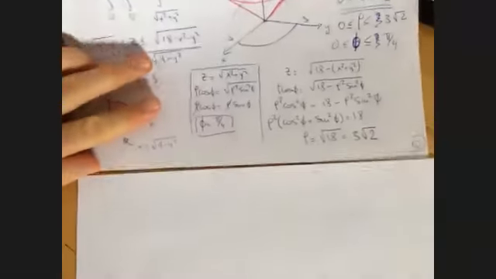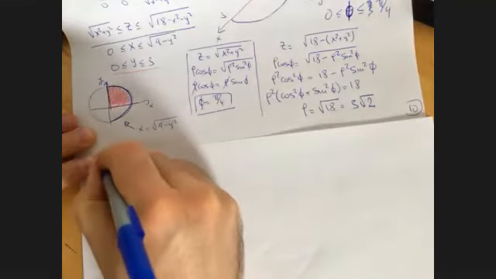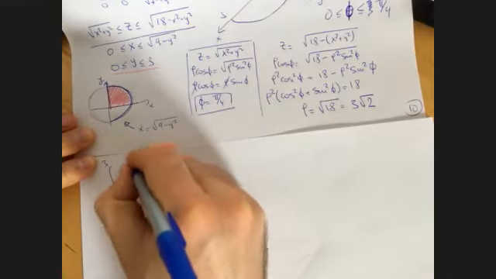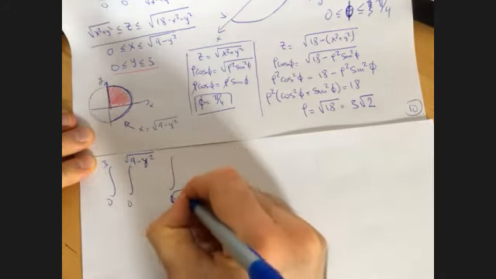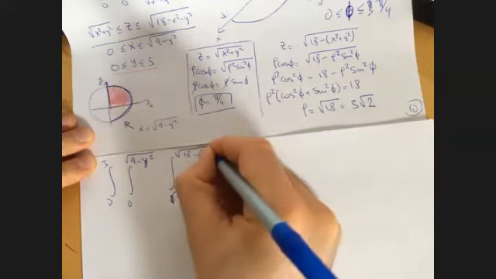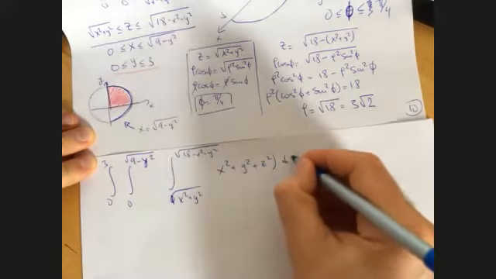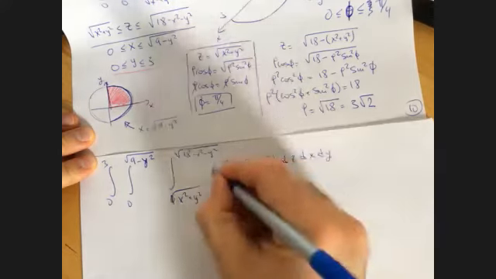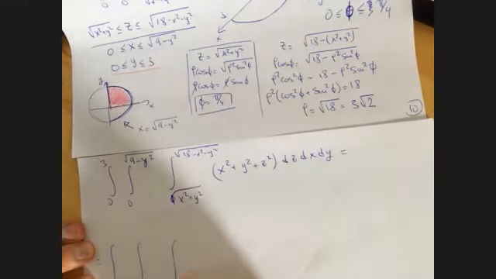And then this integral is just this integral right here. I'm just going to write it down because it's very messy here. So the integral from 0 to 3, from 0 to square root of 9 minus y squared, from square root of x squared plus y squared to square root of 18 minus x squared minus y squared, of x squared plus y squared plus z squared, dz dx dy, so this is what we started with, is equal to the triple integral.